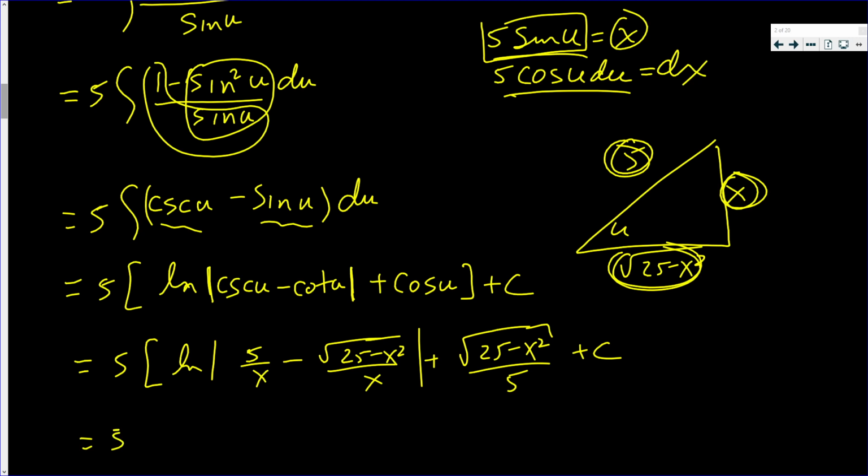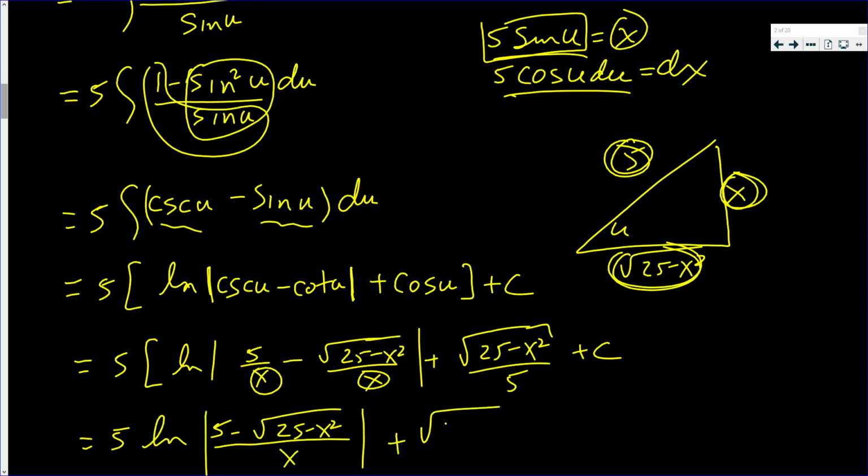And the one change I would make is, since these denominators are the same, I'll just say it's ln of 5 minus the square root piece all over x, plus the rest.